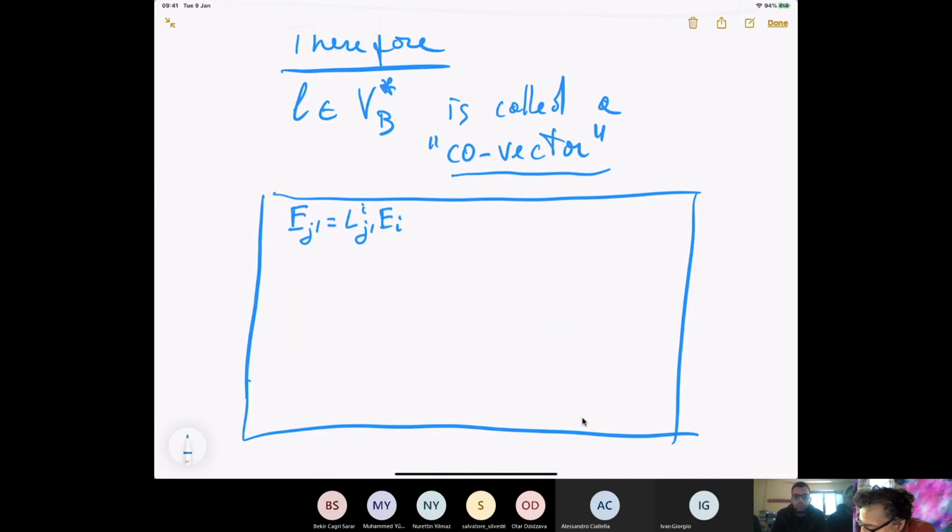Okay, then you have the components: V_j' is equal to L_j'i V_i. This is the rule of contravariance.